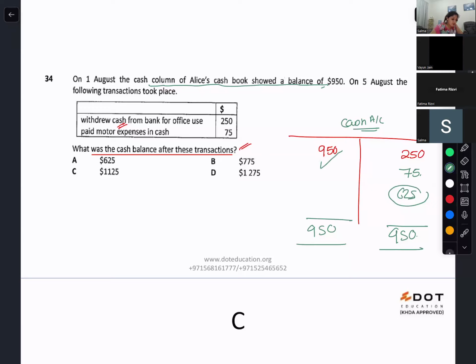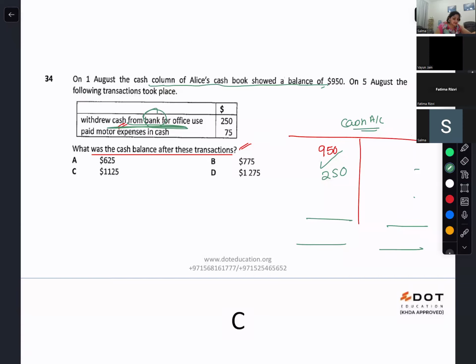Withdrew cash from bank. Okay, 1 minute. It's taken out from the bank and it is coming where? It's on the debit side. It is taken out from the bank, but it is coming in the cash, right? Yes, miss.